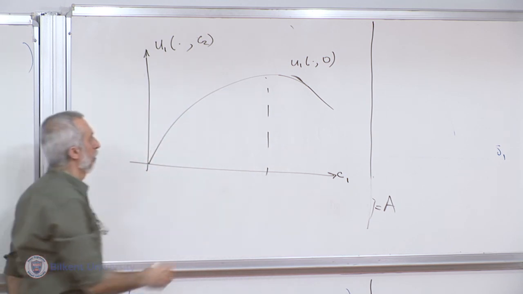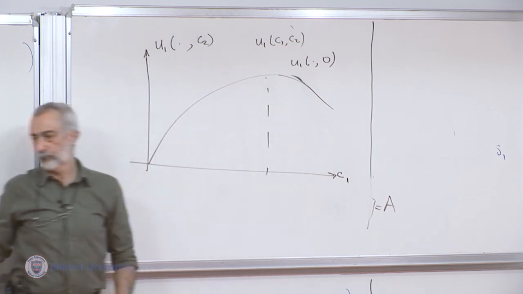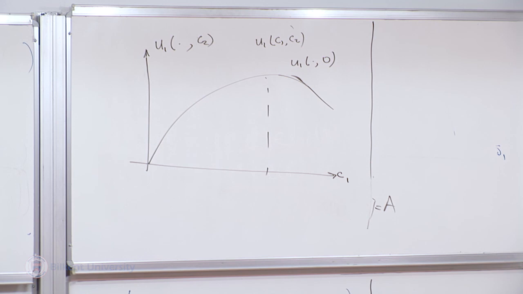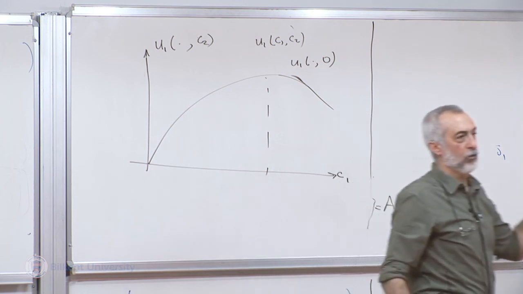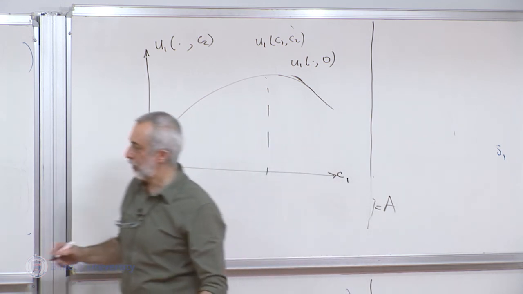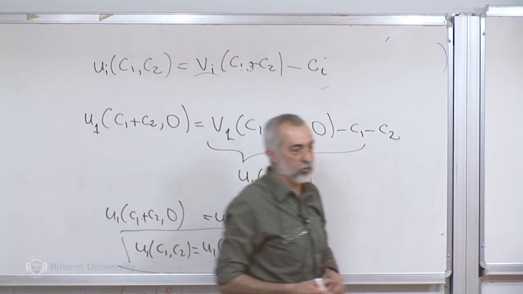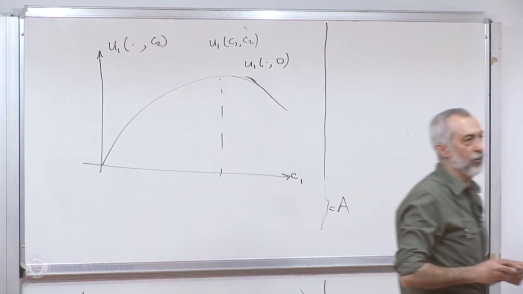My question is, what does U1 of (C1, C2) look like? It's the same translated C2 units above. So you're saying that it shifts up by C2 units. Is that all?